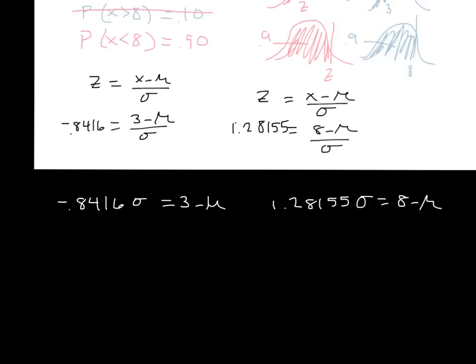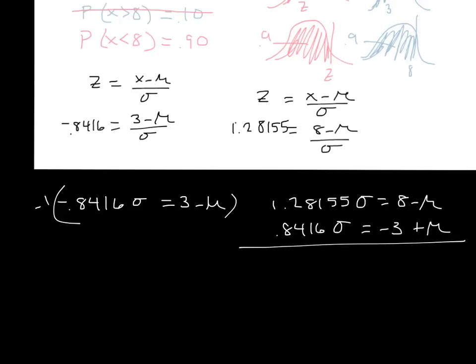Okay, and now since they both have mu, and this is always going to be the case, I can take one of them and multiply it by negative 1. So now I get positive 0.8416, negative 3, positive mu. What that did for me is that lets me go ahead and add straight down and cancel these mu's.